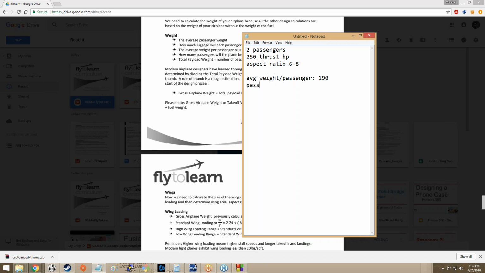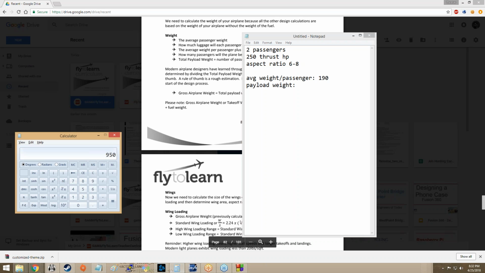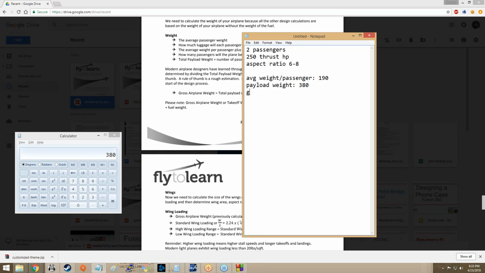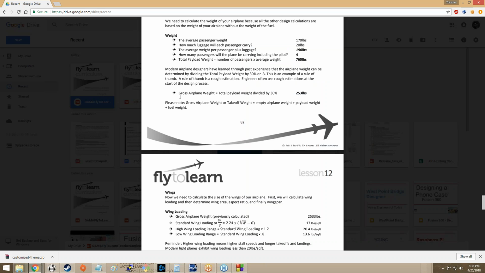So passenger weight, or let's call it payload weight, is going to be 190 times 2 because we got 2 passengers, right? So 380. Our gross weight is what we're going to determine next. Gross weight is going to be the total payload weight divided by 30%.